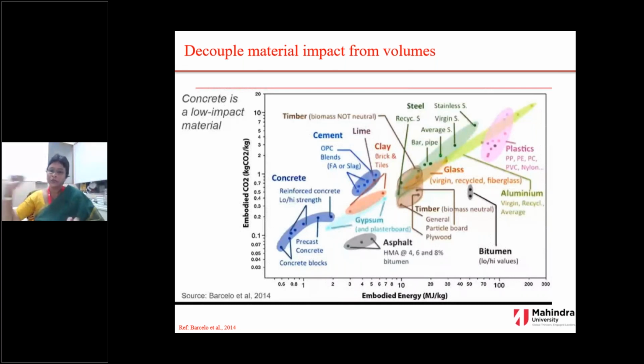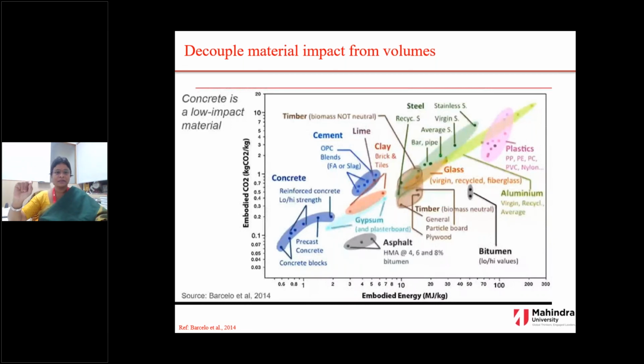Why do I say this? Just decouple the material from the amount of volume it is being used. Just look into the material as a material only. If you look at that material, decoupling it from the amount in which it is being used, you see that concrete is at your extreme bottom left and plastic is at the extreme top right.